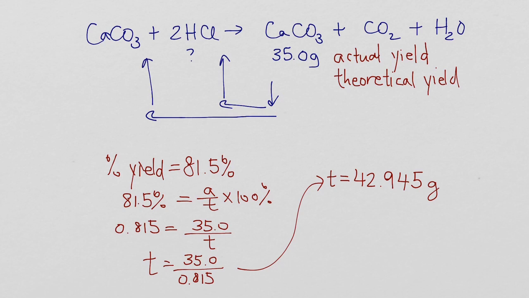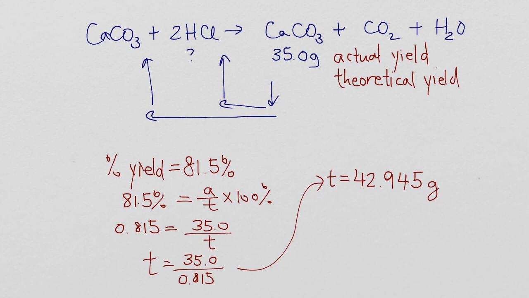So this is what we're saying. We're saying that we need to make this much in the lab, but knowing that some of the reaction fails, we cannot just have enough material to make 35 grams. We need to buy or have enough reactants to make 42 grams, so that if part of the reaction fails and we don't end up with 42 grams, that's okay. Hopefully we'll still end up with 35 grams, knowing that some of the reaction fails.